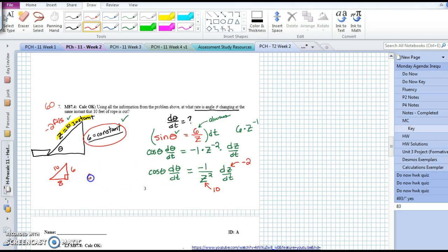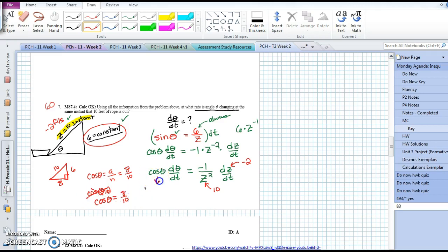And so cosine of theta is equal to adjacent over hypotenuse. Well, the adjacent is 8, and the hypotenuse is 10. So it's not cosine of 8/10. It's cosine of theta equals 8/10.